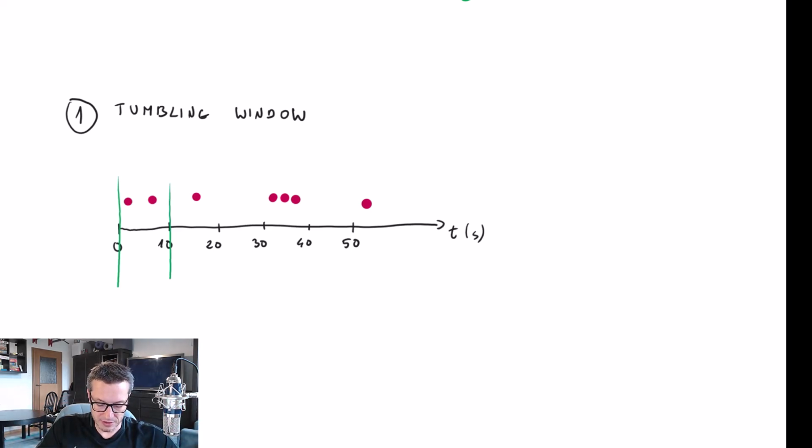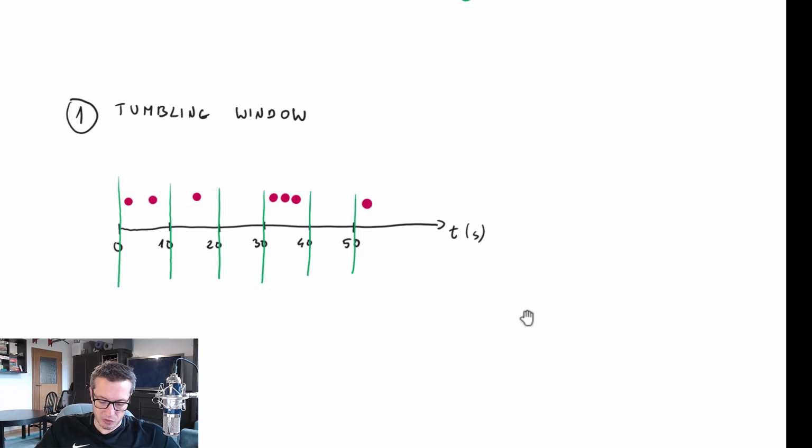It would split all the data as follows, and then our query would be run on those windows. In the case of the first window, it would run on those two events only. The next one would run on this event, and so on.